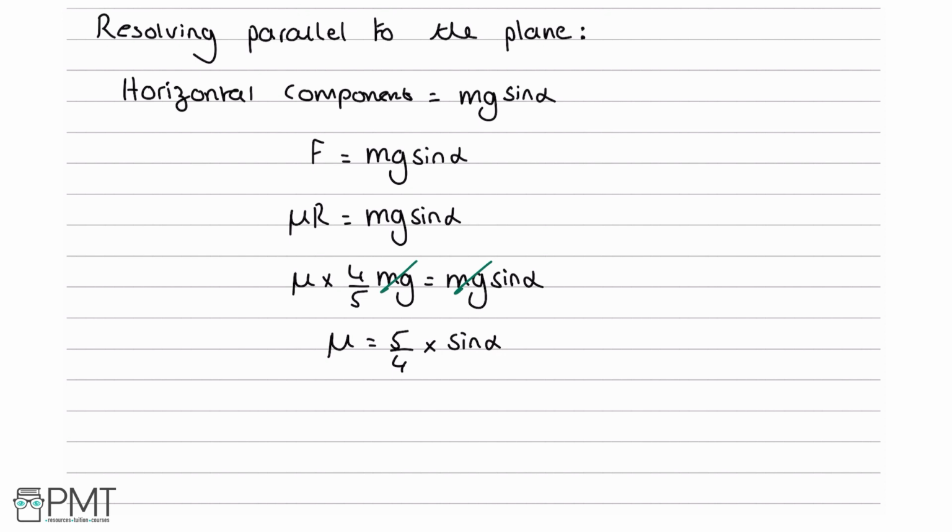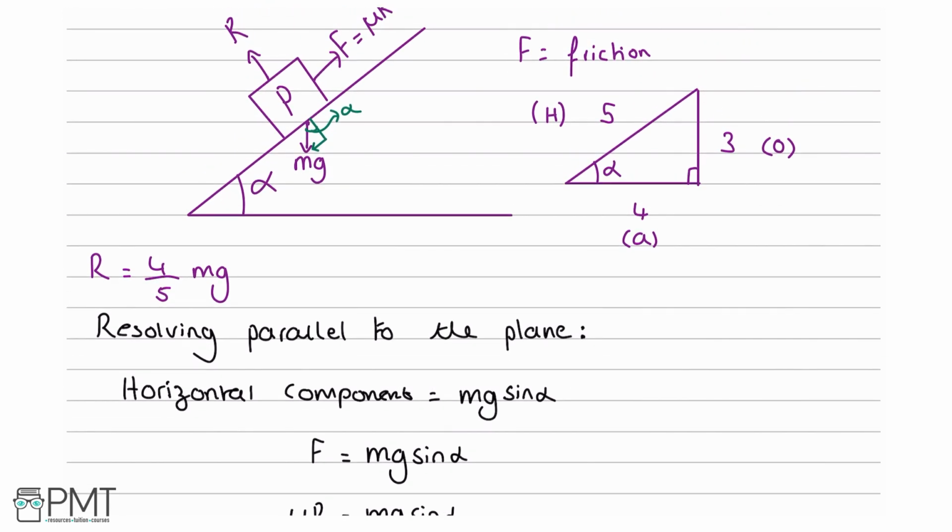Now, if we are to come back to find what sine alpha is, okay, we can come back to our right angle triangle here, okay? Now, sine alpha is going to be the opposite over the hypotenuse, okay? And this comes from SO in our SOHCAHTOA, okay?